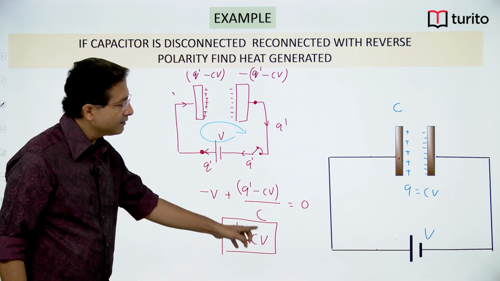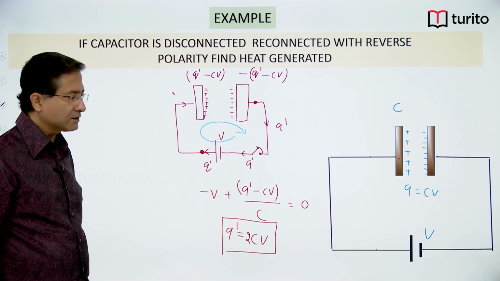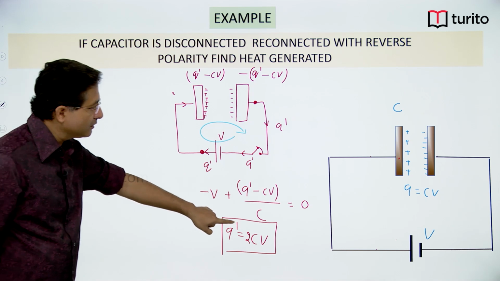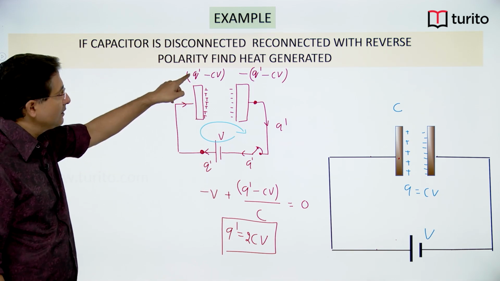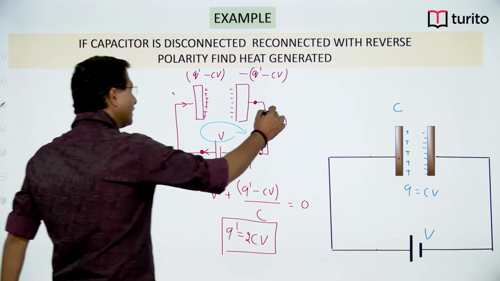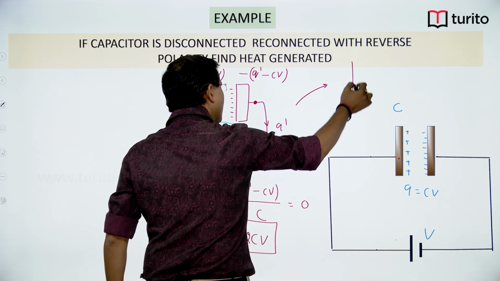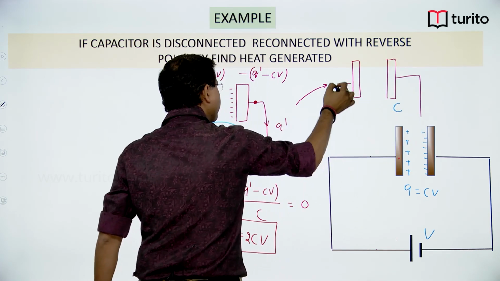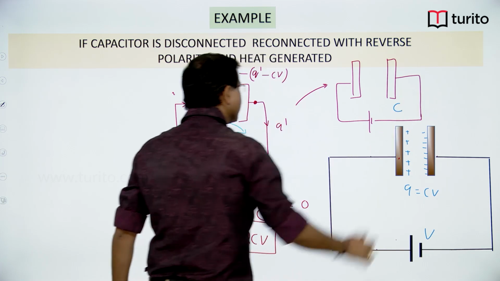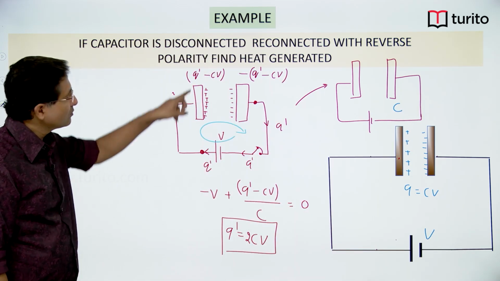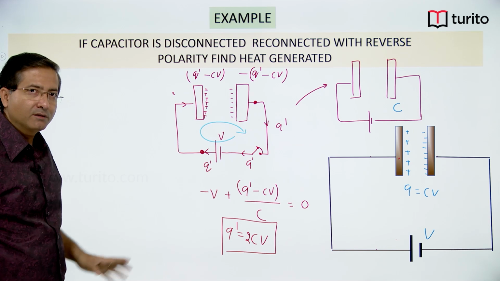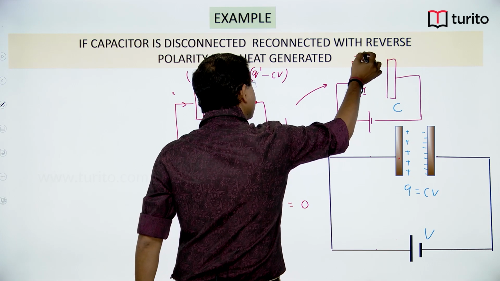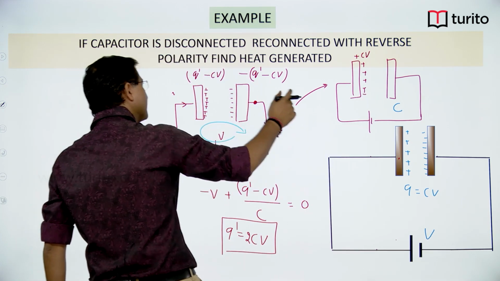That means the battery will deliver 2 CV charge. If I substitute 2 CV in place of Q dash, then you can see what we are getting on the capacitors. Finally, if I substitute this value here, 2 CV minus CV will give you CV, so this will be CV, plus CV, and here similarly minus CV will come.